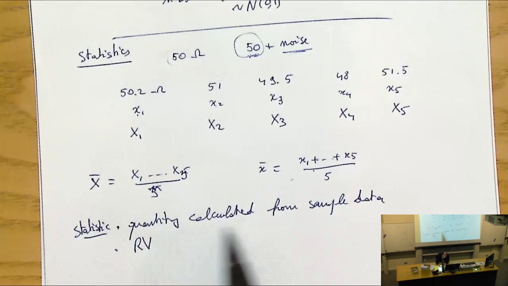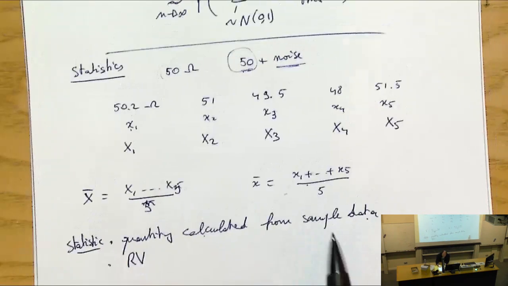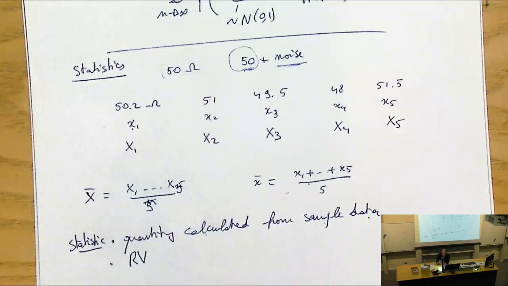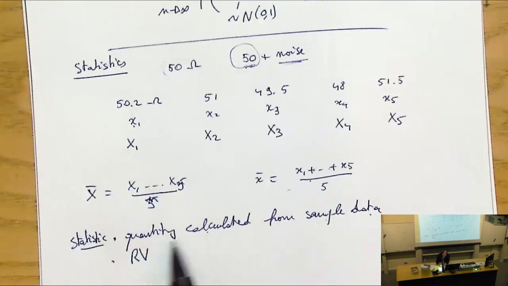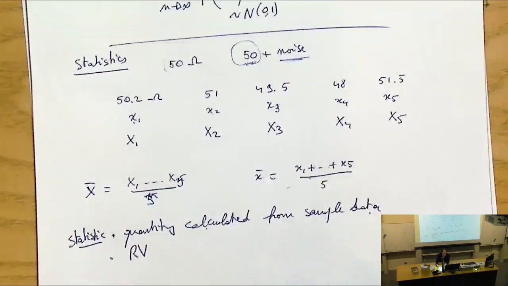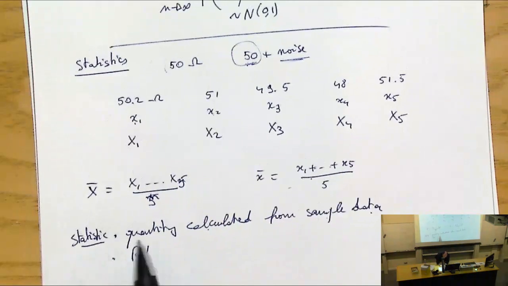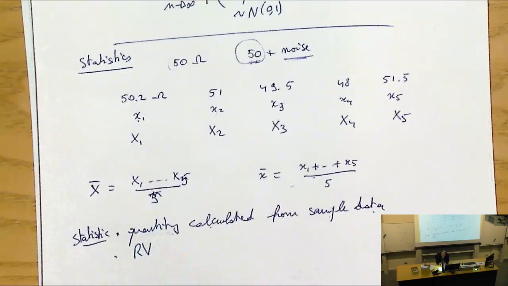It is any quantity calculated from sample data. Each sample data point, before doing the measurement, can be viewed as a random variable. So any quantity calculated from those random variables will still be a random variable. And because it's a random variable, any of those statistics will have a certain probability distribution function, or density function, or probability mass function.